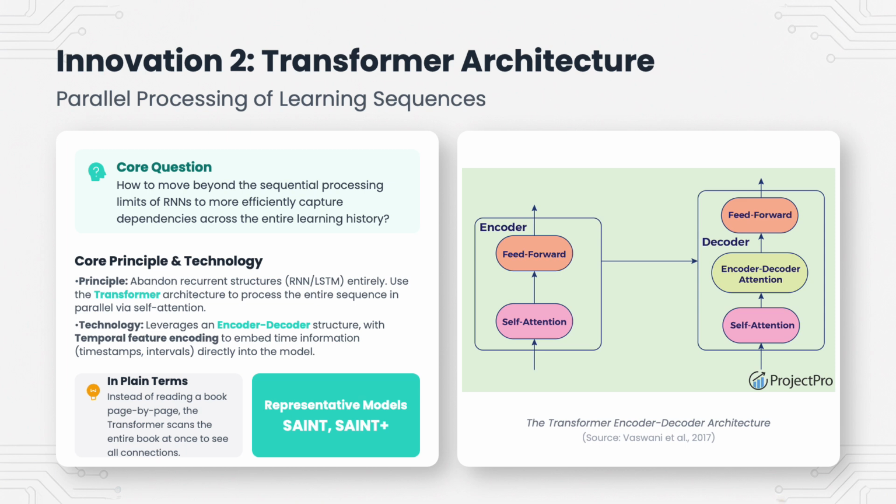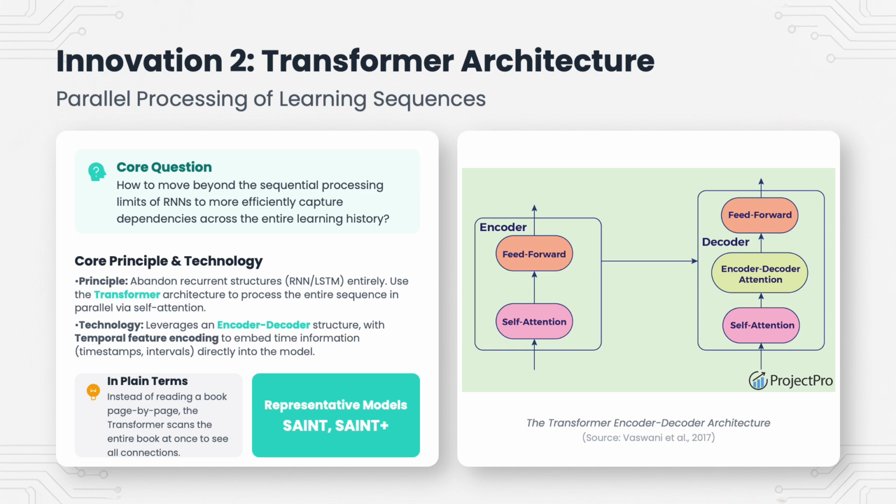Models like SAINT apply this powerful architecture to knowledge tracing, enabling a more holistic view of the student's learning journey, almost like scanning the entire history book at once instead of reading it page by page.